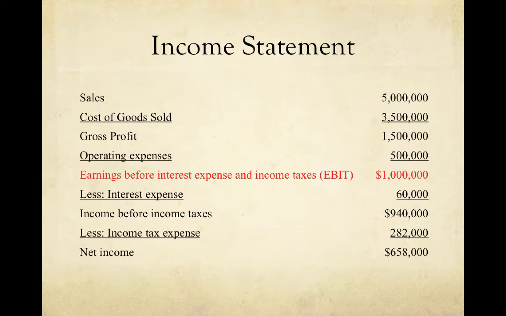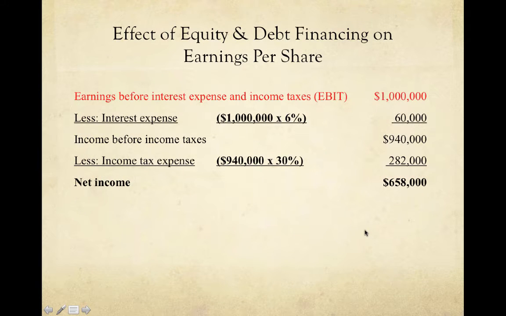So going back to the income statement, we start off with earnings before interest expense and income taxes. And you would need to calculate the interest expense and then the income tax expense. To calculate the interest expense, you take the amount borrowed times the interest rate, and that gives you $60,000.